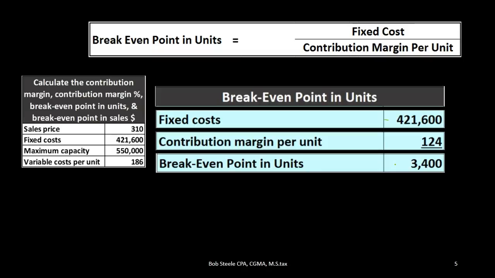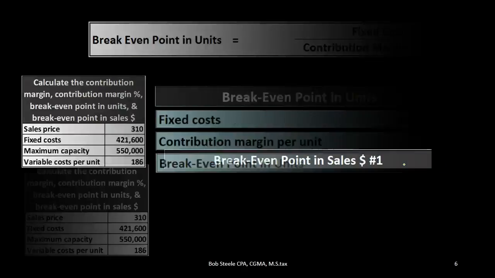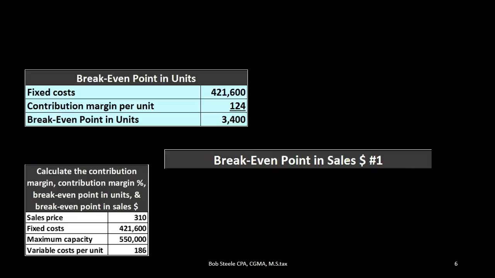We may be asked, however, not just the break-even point in units, but the dollar amount, the sales amount of the break-even point, which can be calculated a few different ways.